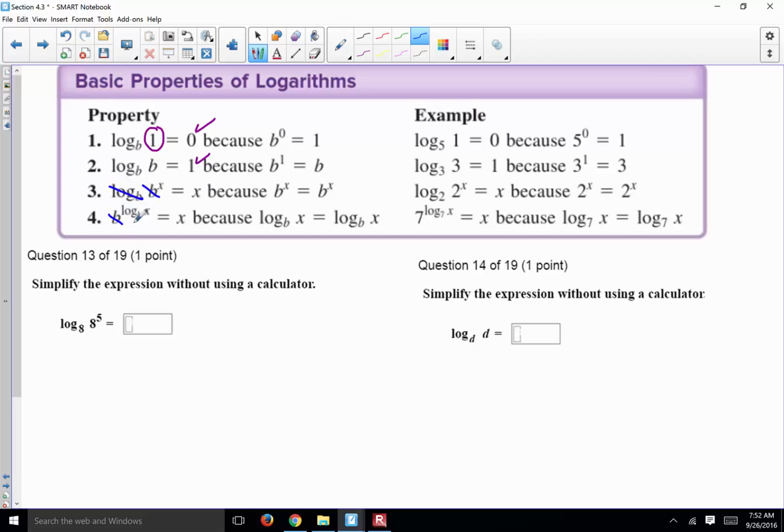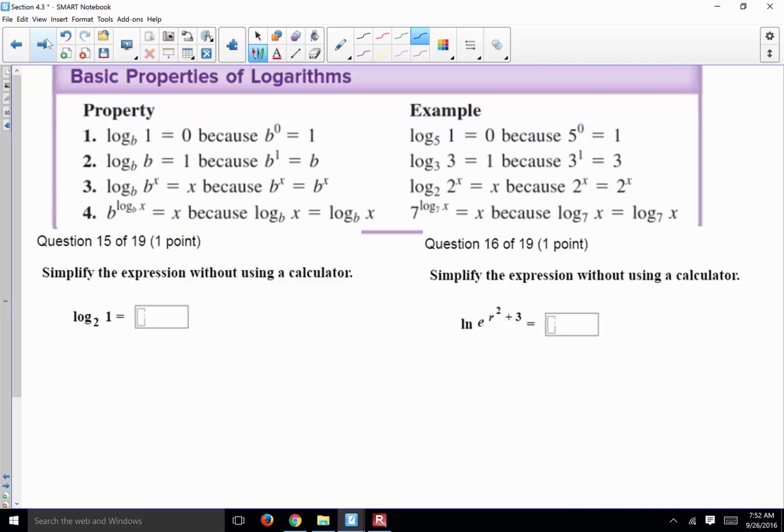In the same way, if the base of the exponential and the base of the logarithm match, we can cancel and get x. So far we have 4, but these are only the basic ones. We are going to build 3 more today, and we'll get 7 in total. These 7 properties are going to be used in evaluating logarithms.